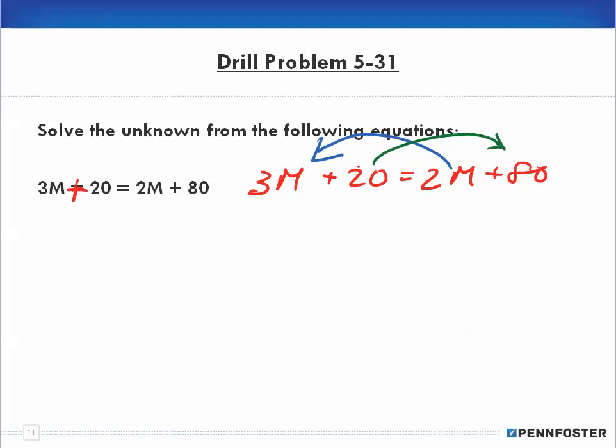Since I'm going to move my 2m across the equal sign, that's going to be a minus. Well, 3 minus 2 is 1m. And then if I take the plus 20 and I'm moving over, that's a minus 20. So plus 80 and a minus 20 is 60, and there's my answer. m is equal to 60. Okay, that's how I do it in my head. All right. Okay, that's it for these problems, and I'll see you in the word problems.